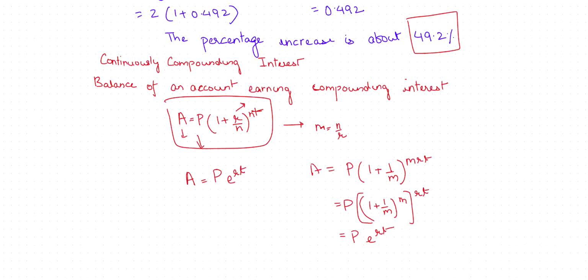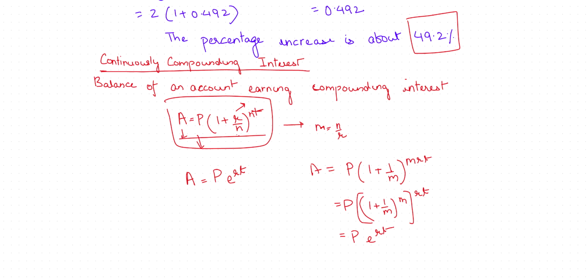So now we learn about continuously compounding interest. We know the balance of an account which is earning compound interest is given by this formula, where A is the amount, P is the principal, r is the rate of interest in decimals, n is the number of compoundings per year, and t is the time in years.